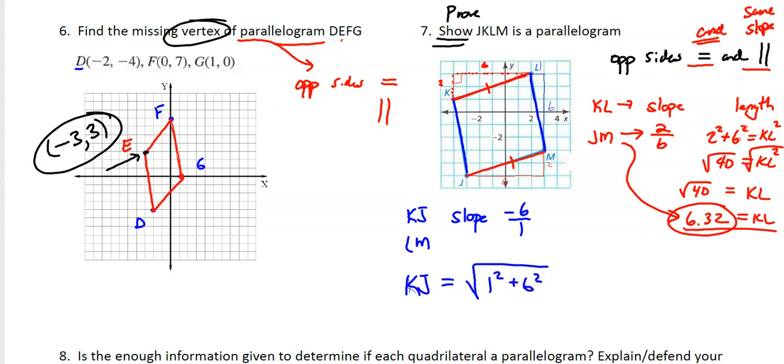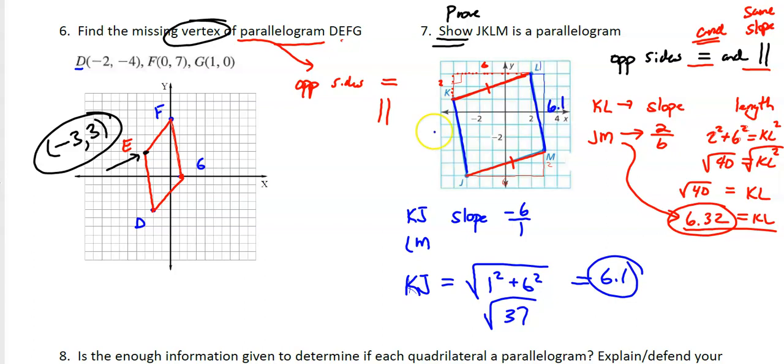I'm just jumping right down, taking the square root of both sides in the Pythagorean theorem, speeding it up a little bit. So it's the square root of 37, which is just a tiny bit bigger than 6. Square root of 37 is 6.1.